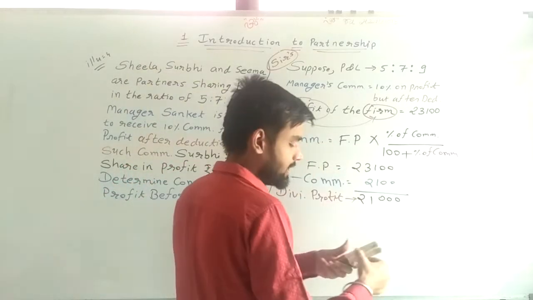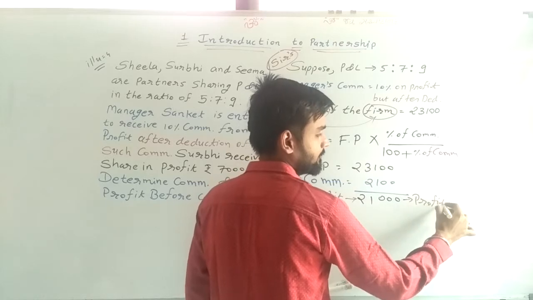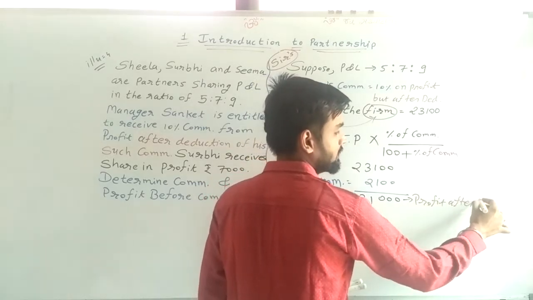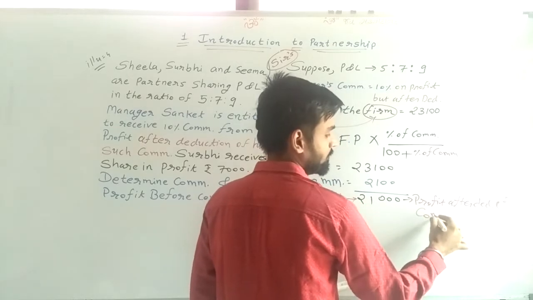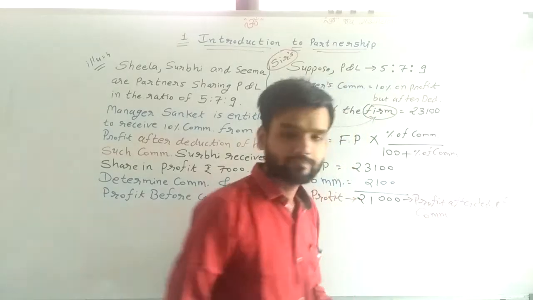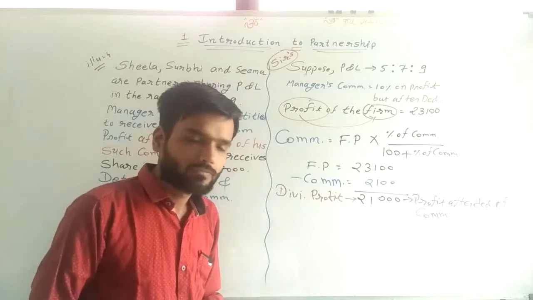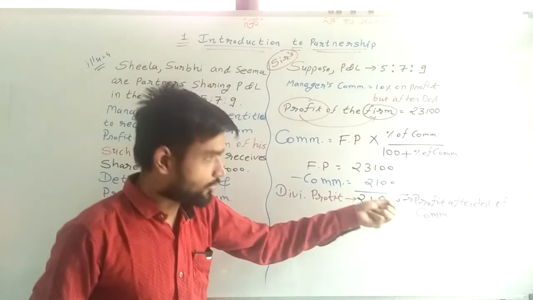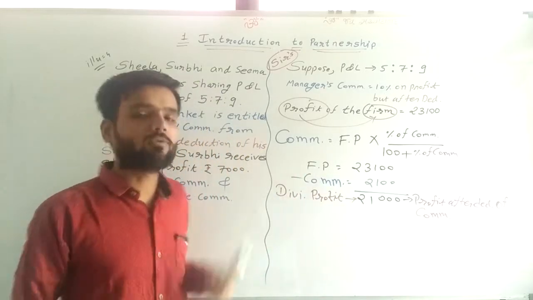That is its second name. So 21,000 is profit after deduction of commission, 21,000 is divisible profit.